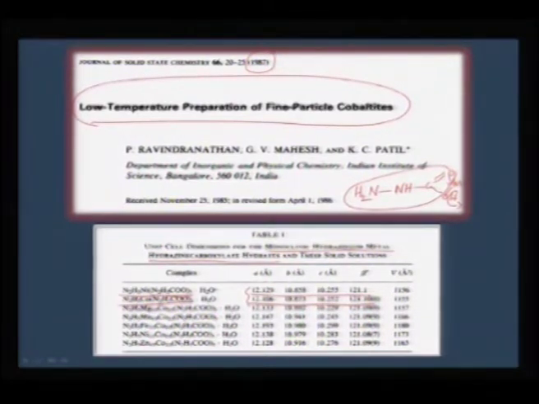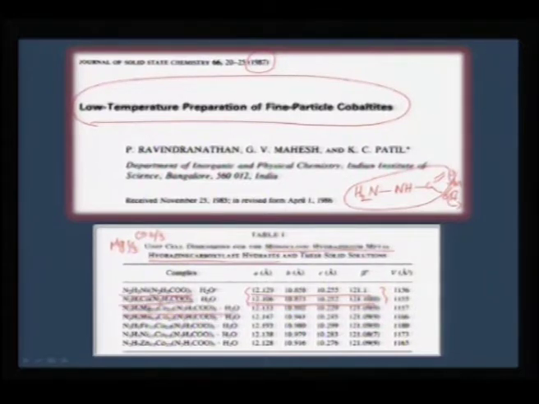So, if these are nearly the same, then it gives me the advantage to dope one with the other, nickel and cobalt together. For example, I can make a solid solution like this: magnesium 1/3, that is 33% magnesium, and cobalt 2/3, that is 66% cobalt.